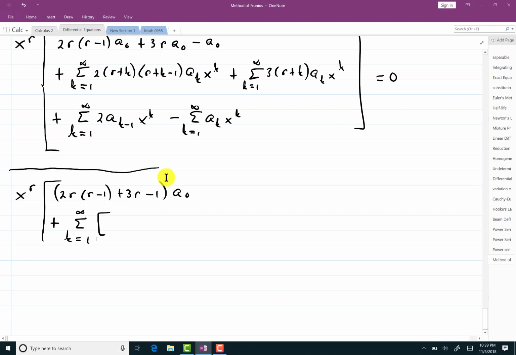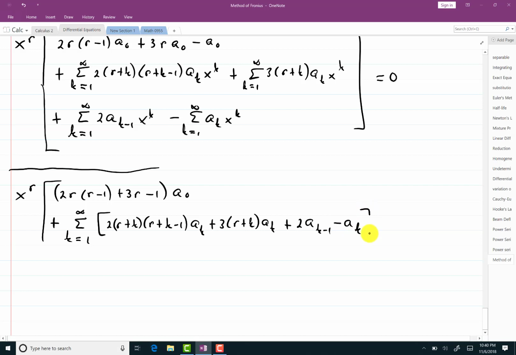I have 2 times r plus k times r plus k minus 1 a sub k plus 3 times r plus k a sub k plus 2a sub k minus 1 minus a sub k.